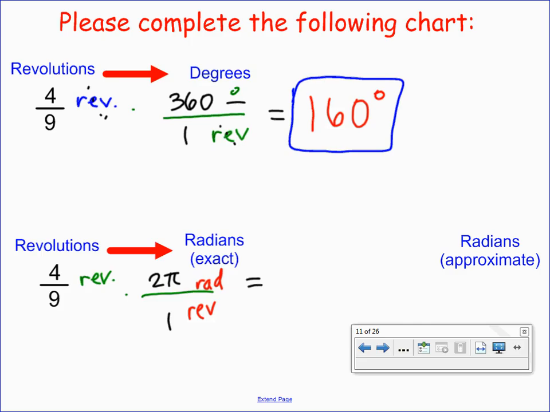If I want exact, recall I'm going to leave off the pi in my calculator. So everybody, when we go to keep this exact in math frac, I'm going to leave out that pi. In this case, I can just go straight across and then add it in because the numbers aren't big. I would get 4 times 2 pi is 8 pi over 9.